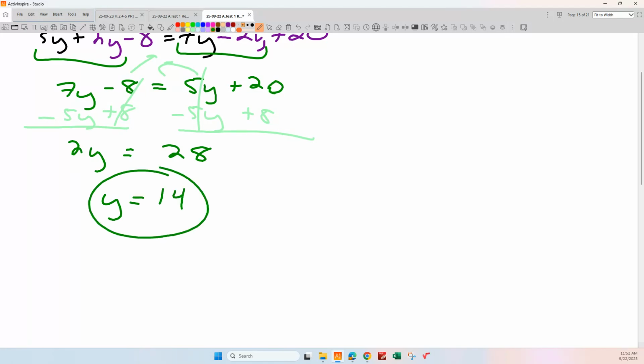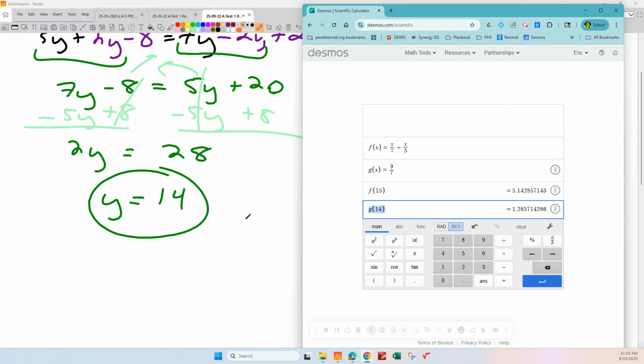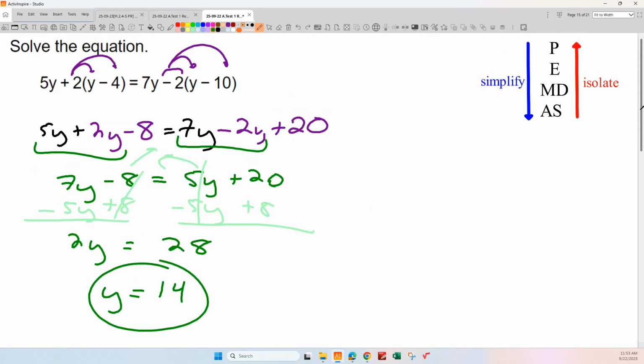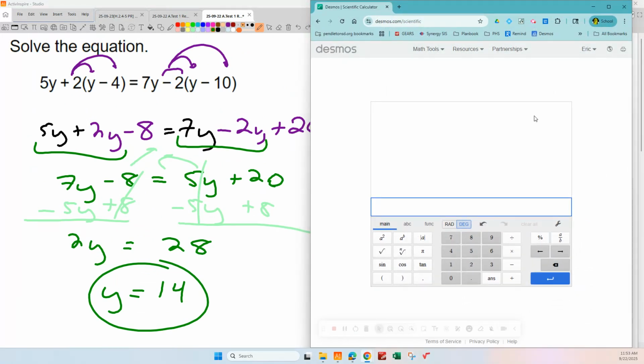Okay, on the test, what should I definitely do here before I submit my answer and go to the next one? Check it. Yeah, and how am I going to check it? Desmos. You have Desmos. So let's quickly remind ourselves how that works. Okay, so first of all, there's my original equation.